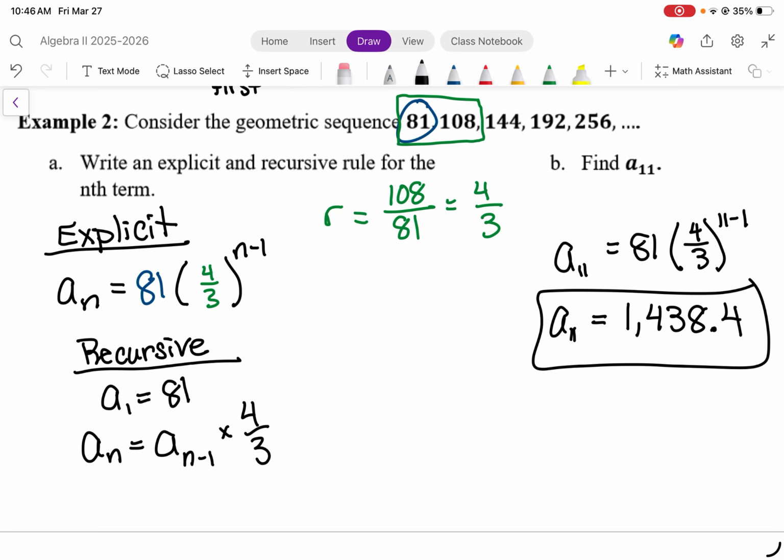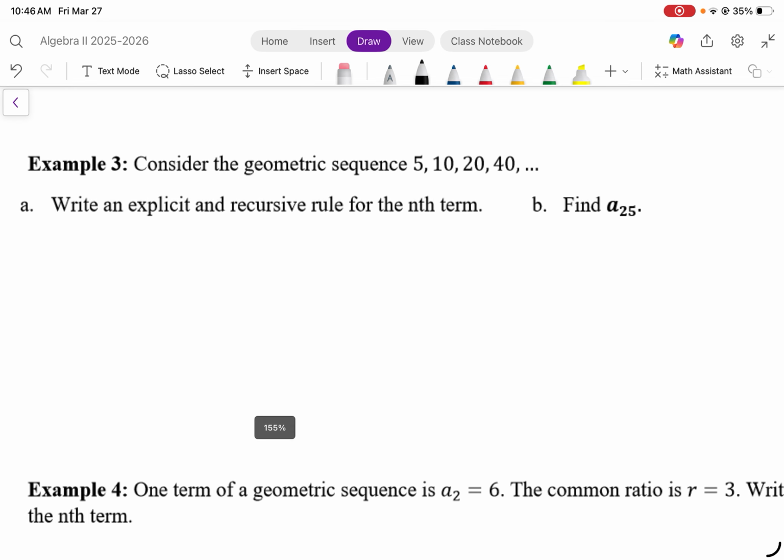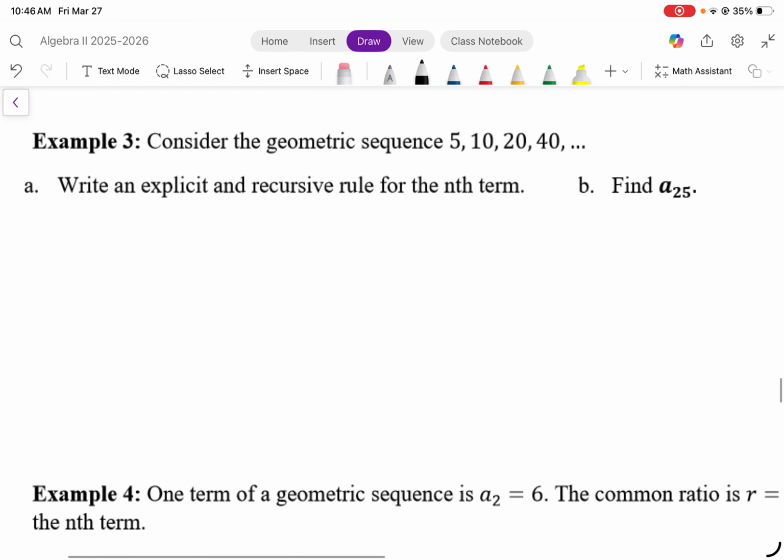Okay, so you should go ahead, pause the video, and try example 3, and then we can go over the answer. Okay, so for example 3, they want you to write an explicit and recursive rule for the nth term. So it is geometric. They told us that in the directions. So we are going to set it up in our rule.